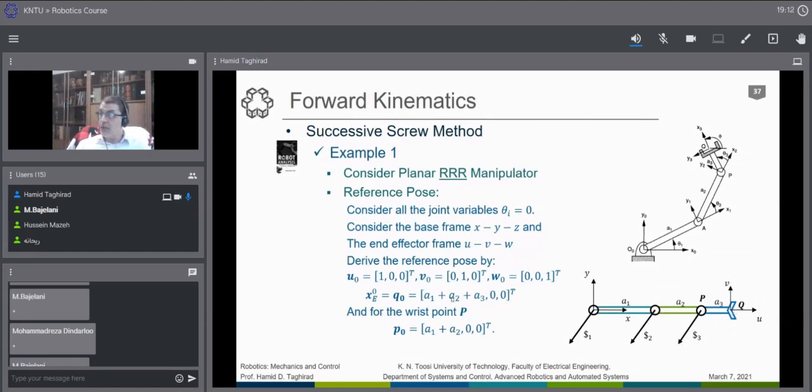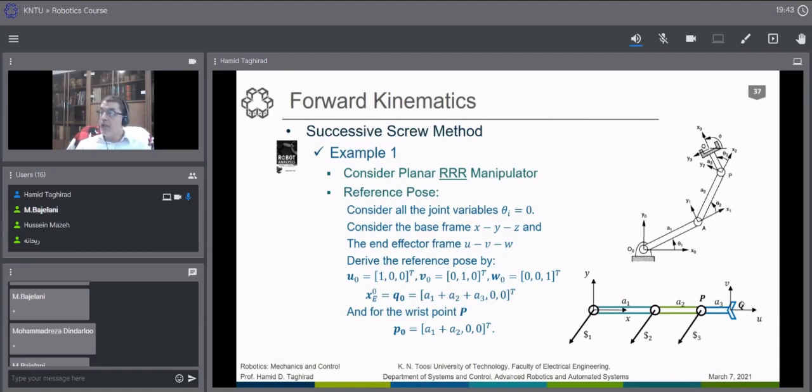Consider the Q one. I have written both of them, and you can do it for both of them. Q at this reference position is very simple. As you see, we have one reference frame X, Y, and Z. So Q is at a length of A1 plus A2 plus A3 in the X direction.